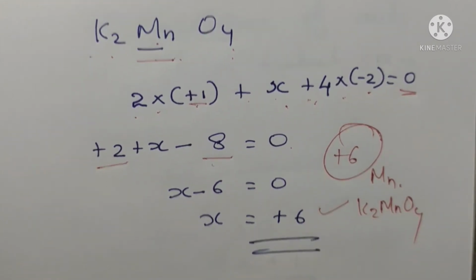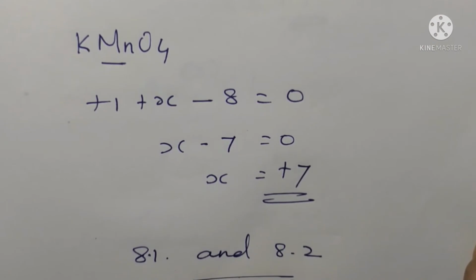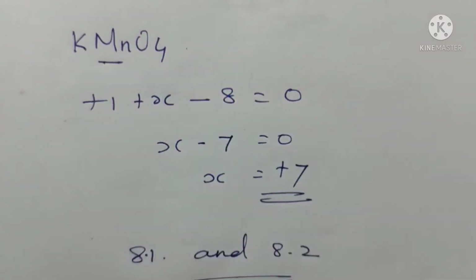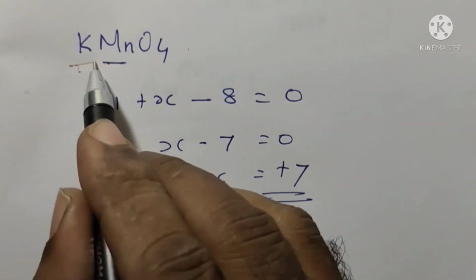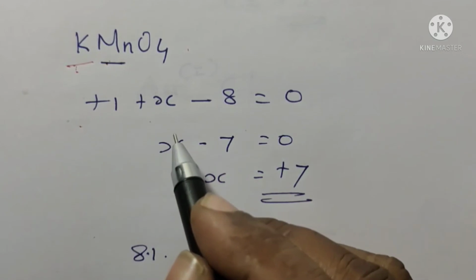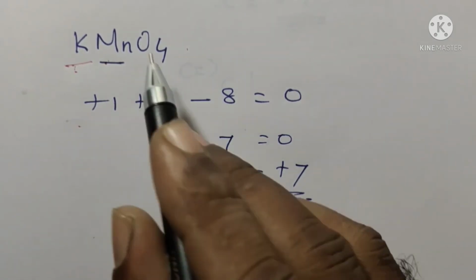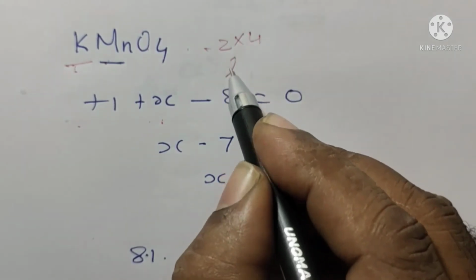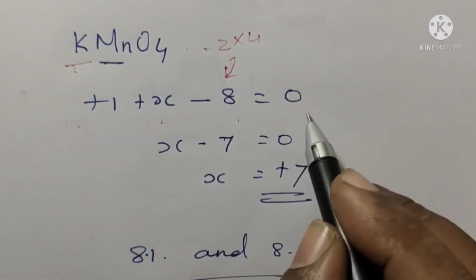Let us do one more example: oxidation state of manganese in potassium permanganate. As usual, only one potassium, so +1, plus manganese, we have to calculate X. For 1 oxygen -2, there are 4, therefore it is -8, equal to 0.